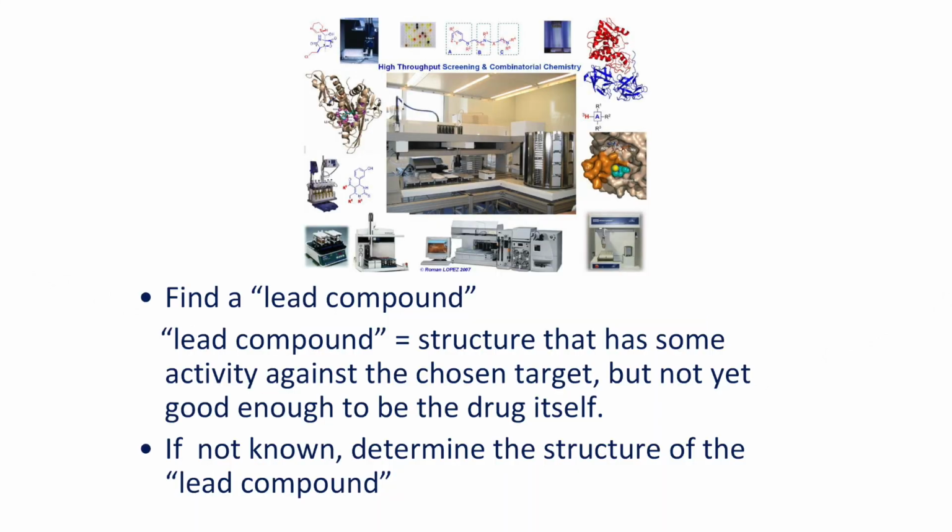So, against the target that you have identified, using the bioassay that you have developed, you screen the compounds to identify a lead compound. A lead compound is a structure that has some activity against the chosen target, but it is not yet the final drug itself. Using this lead compound, you go on to develop further molecules.